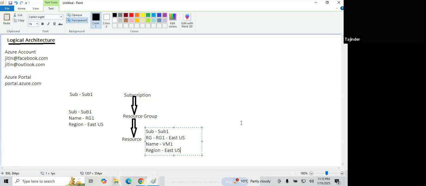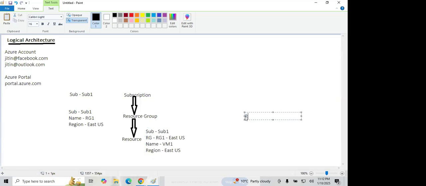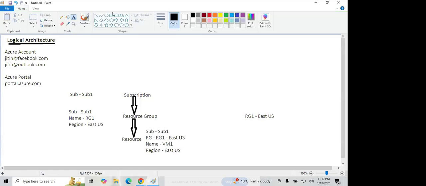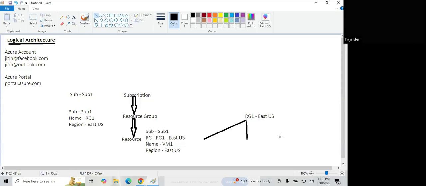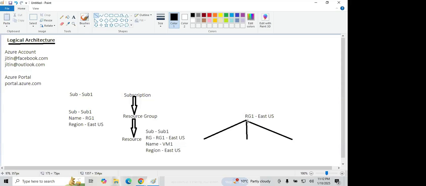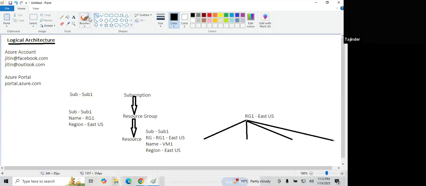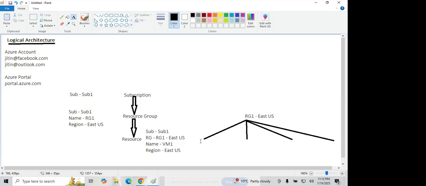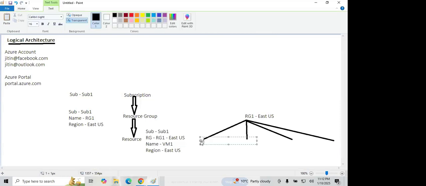So basically, what is a resource group? A resource group is nothing but a logical container which contains the metadata of the resources. In one resource group, we can have multiple resources. Resources can be of the same type, resources can be of different types. Resources might be in the same region, resources might be in a different region.